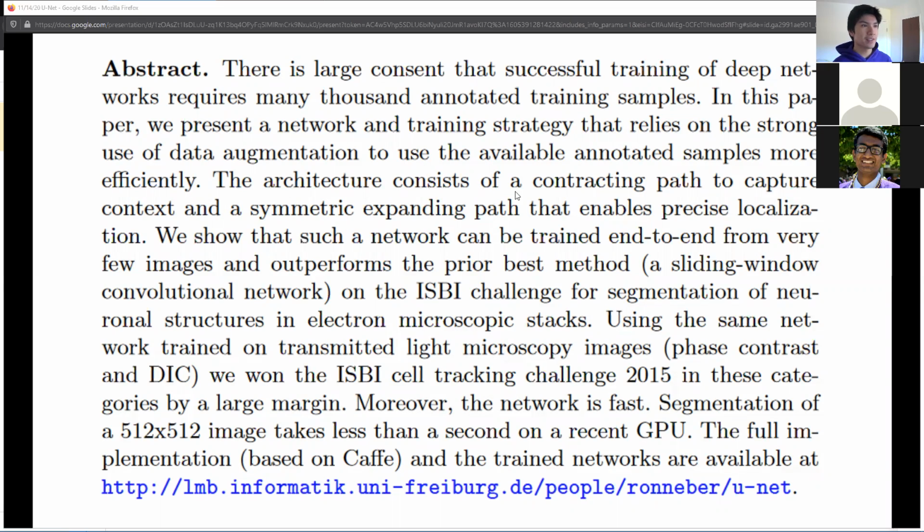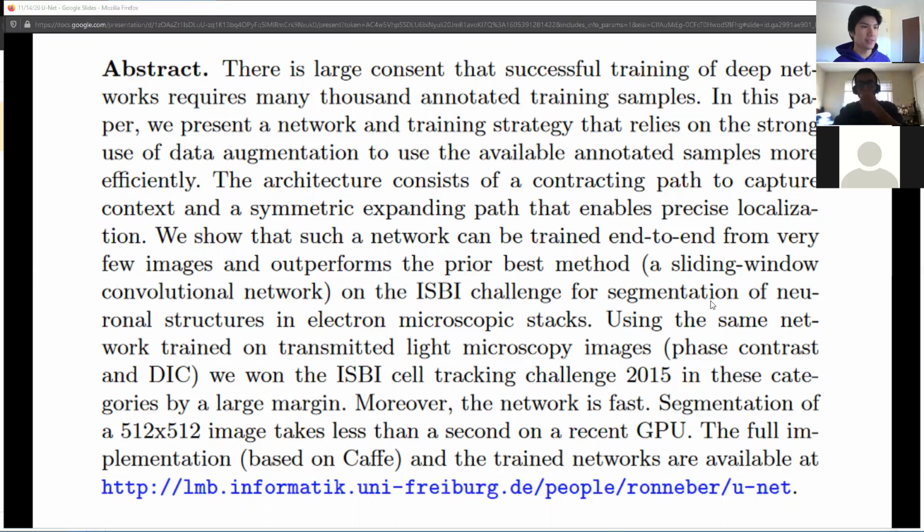The architecture consists of a contracting path to capture context and a symmetric expanding path that enables precise localization. So contracting and expanding and localization, those terms will also be explained in the next few slides. We show that such a network can be trained end-to-end from very few images and outperforms the prior best method, the sliding window convolutional network, which we'll also look at.